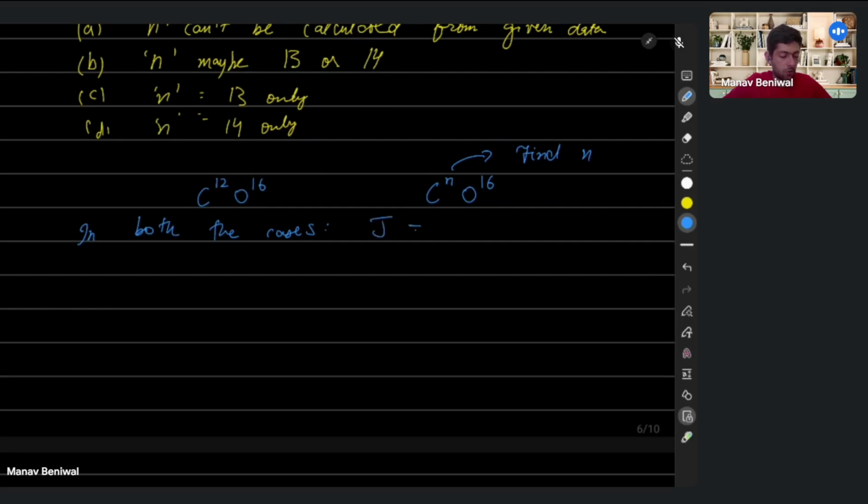This is the transition that happens: j equals 0 to j equals 1.